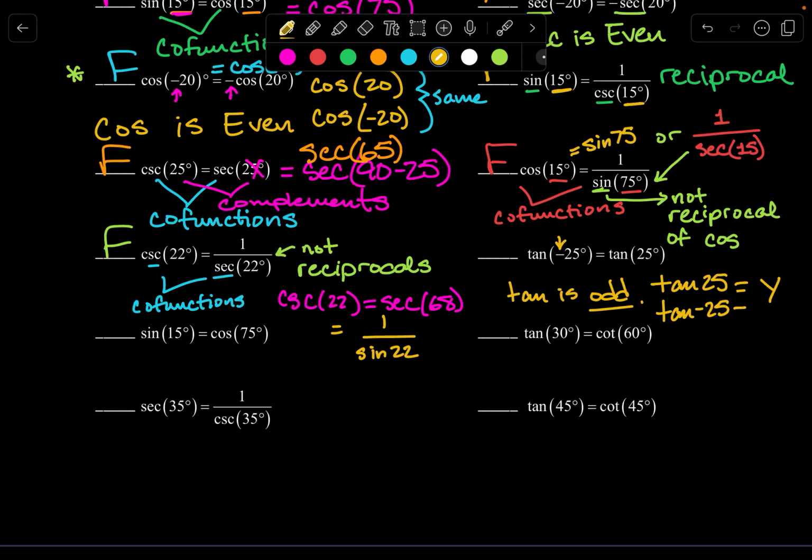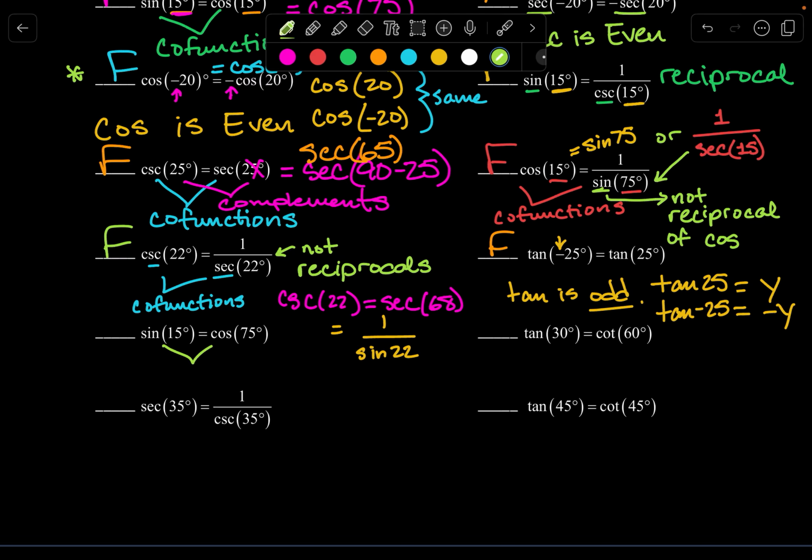The answer is still going to be y, but it's going to have the opposite sign. So this is false because tangent is an odd function. This would be true if tangent was even, but sine and tangent are odd. Cosine is even.